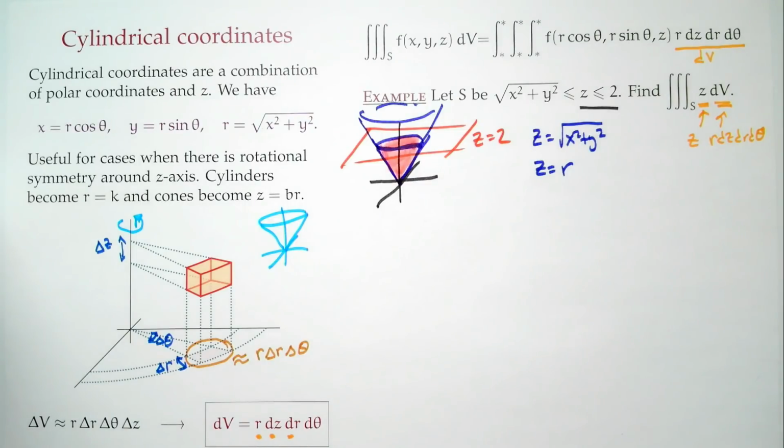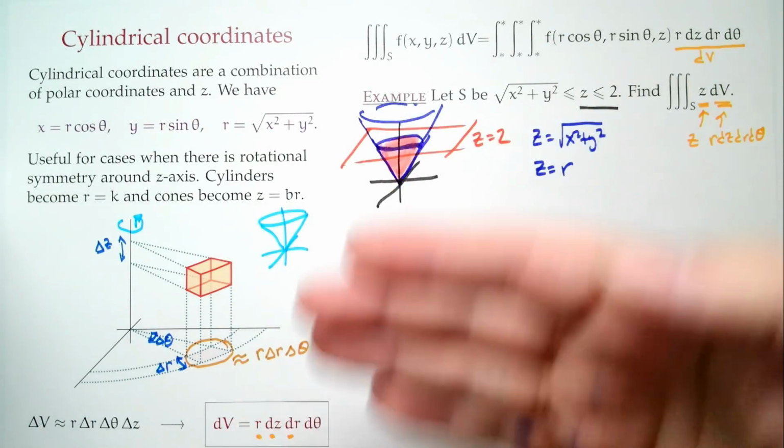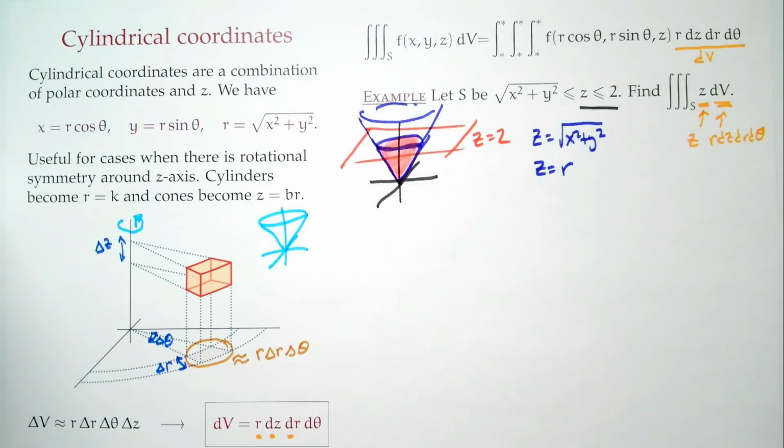Now, it might help to look at a slice. Oftentimes when I'm thinking about coordinate systems where I have symmetry, I like to do a slice. By a slice, I mean a slice in any direction, as long as it's perpendicular to the xy plane. Because of that rotational symmetry, it doesn't matter how I slice, as long as I slice down along the z-axis.